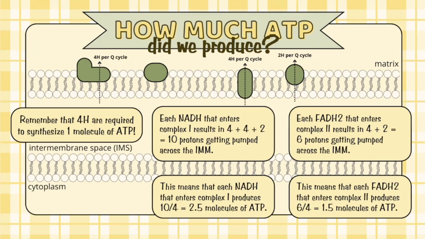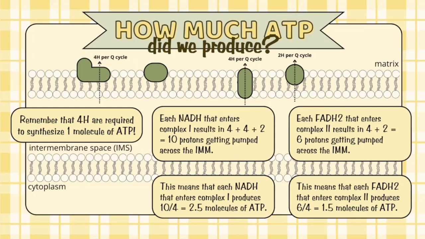Each ubiquinol went to complex 3 to donate the electrons to cytochrome C, forming one Q cycle, and it pumped 4 protons in the process.